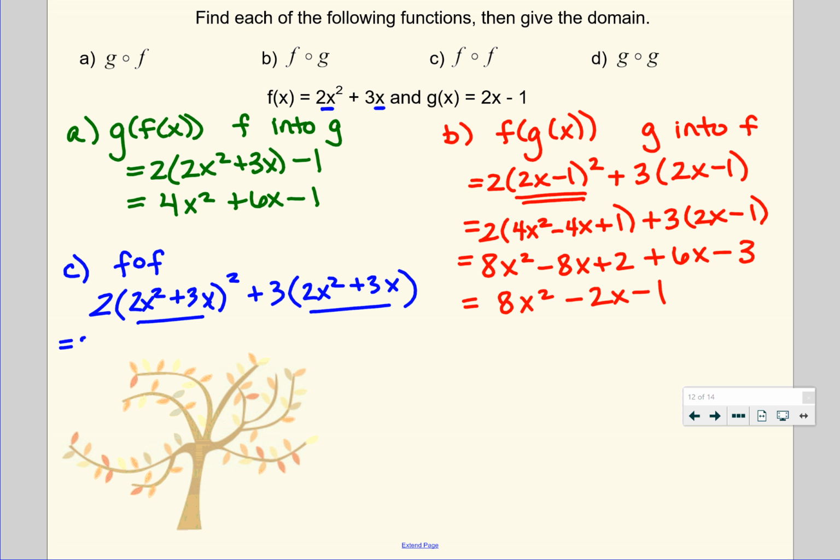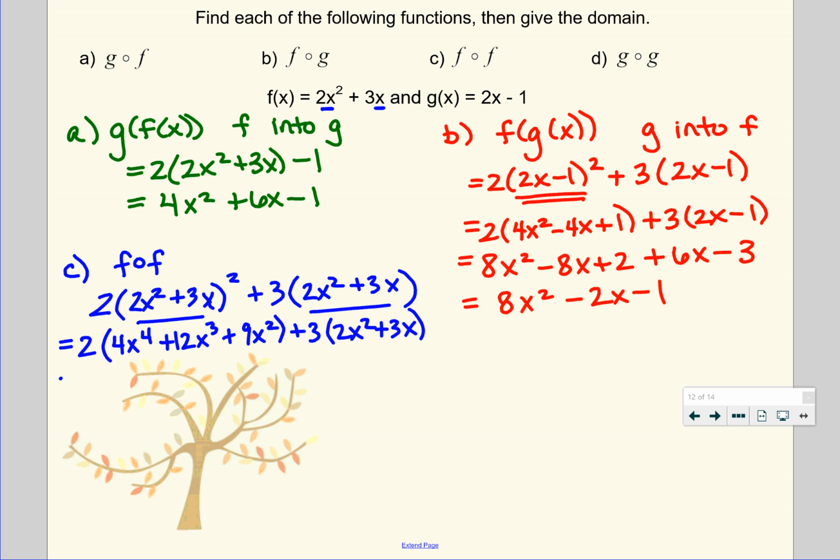If I FOIL, my first terms are going to give me a 4x to the fourth. My outside terms will be a 6x to the third. My inside terms will be a 6x to the third, so 12x to the third. Last terms, 3x and 3x, 9x squared. Plus 3, 2x squared plus 3x.